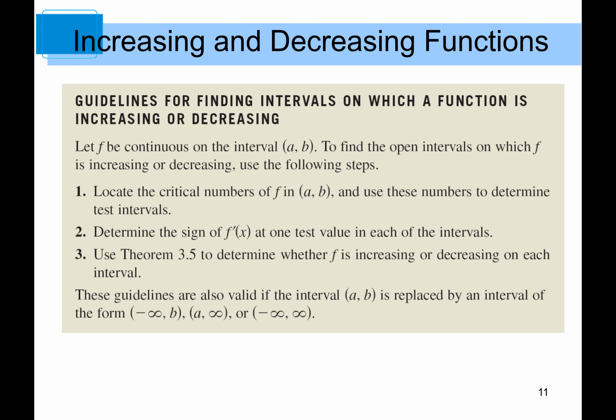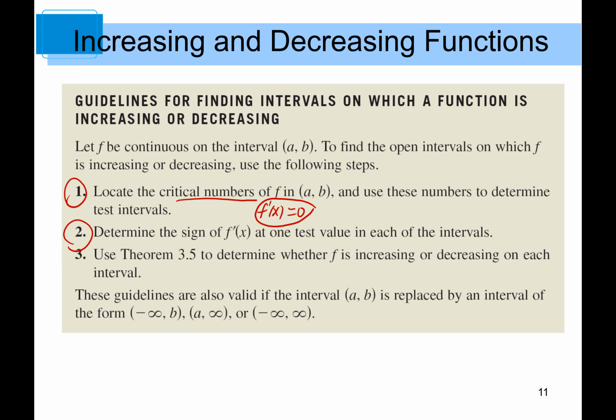So let's take a look at the procedure for finding the intervals on which a function is increasing or decreasing. Assume f is continuous on an open interval (a, b). To find the open intervals on which f is increasing or decreasing, use the following steps. First, locate the critical numbers by finding the derivative and setting it equal to 0, and use these numbers to determine test intervals.